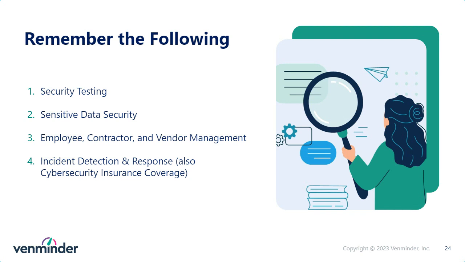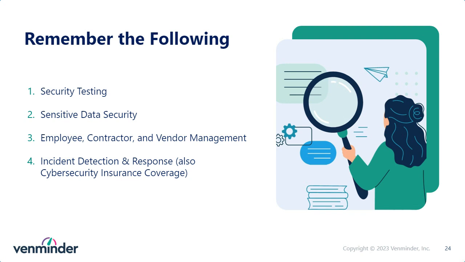And then incident detection and response. Obviously things are going to happen, so then what? What is their process to make sure that if an incident is found, they respond to it in a timely manner? How do they find incidents? Are those documented? And then insurance coverage, we talked about this. It does demonstrate that the vendor is taking things seriously.